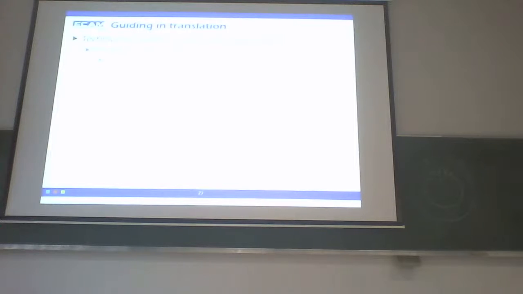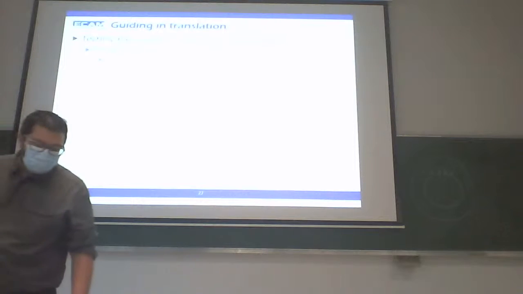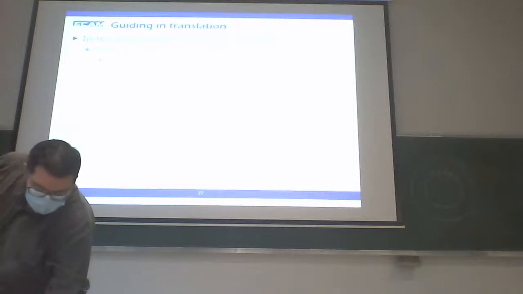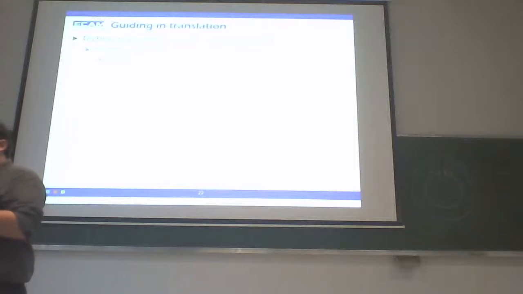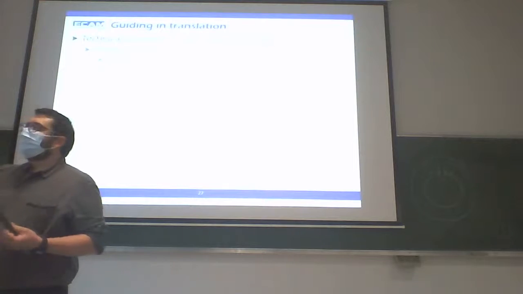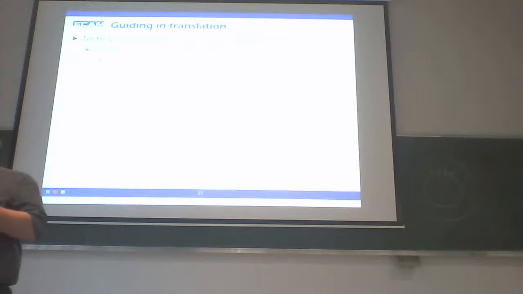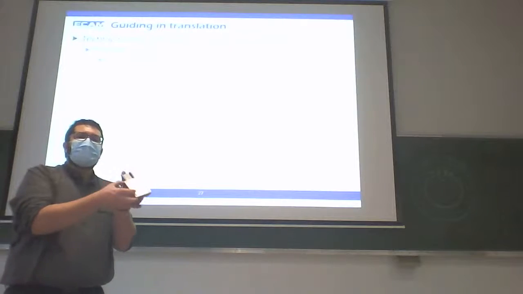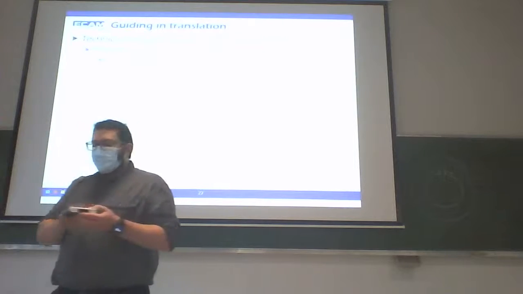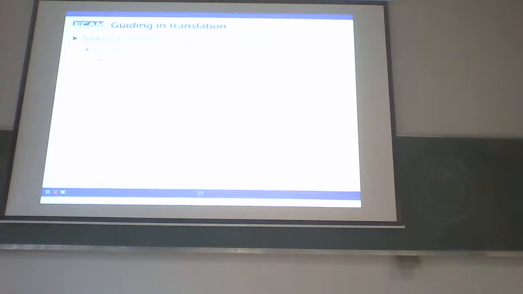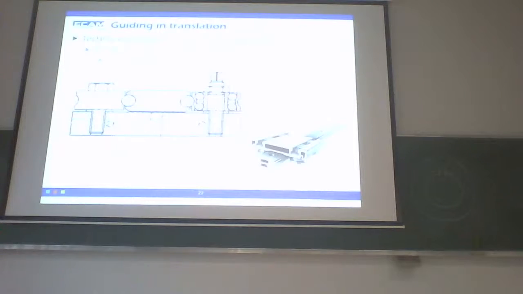We have also a solution with prismatic surface to reduce the friction. So the one with plastic. Here is the shape, the surface of contact of plastic that reduces the friction. Or we have another solution, a solution with rolling elements.